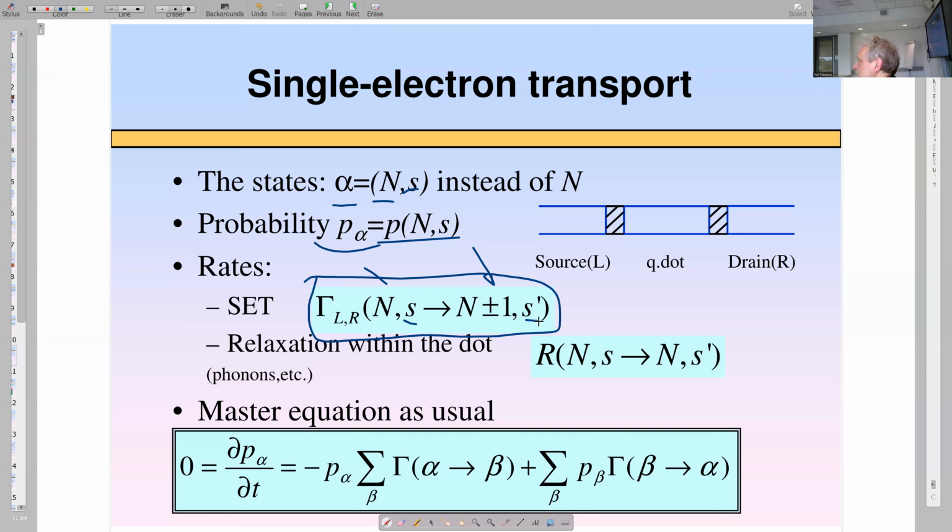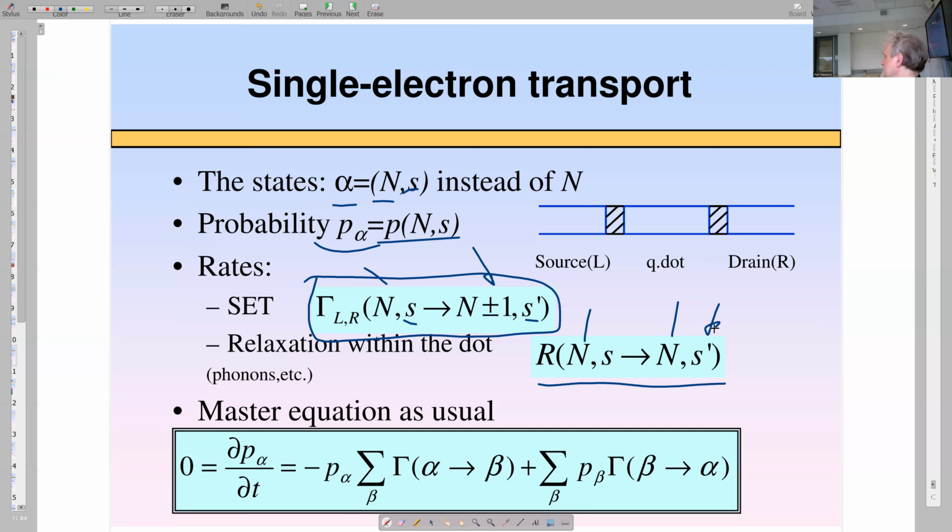This electron-hole pair can collapse, can annihilate, disposing energy somewhere. Okay, so there is a relaxation transition. N stays the same, S has to change. Good, and if you know all the relevant rates, we just plug them into the master equation. It should work.